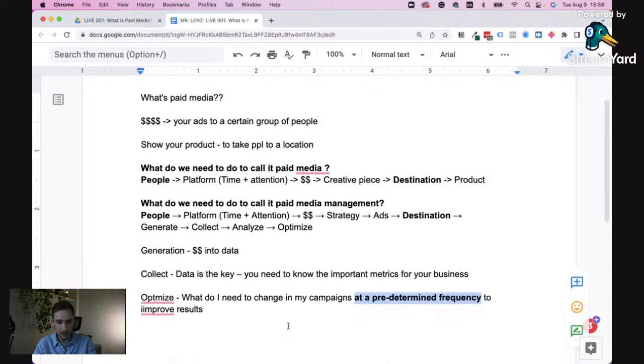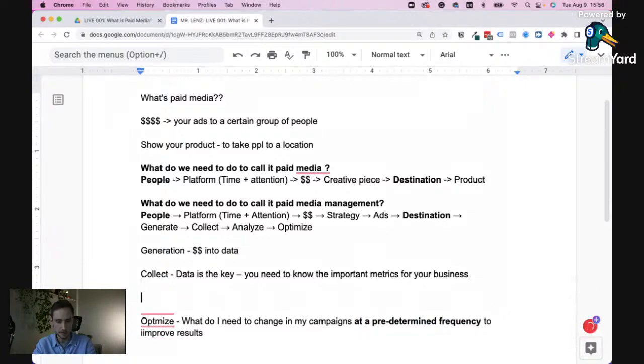And then optimize. Oh, and I missed here. Analyze. Here is where you understand the important metrics.